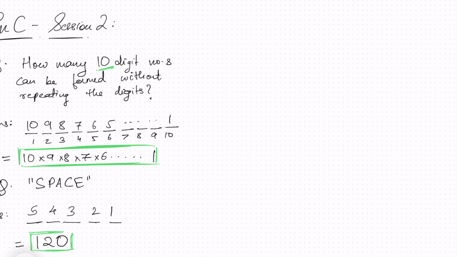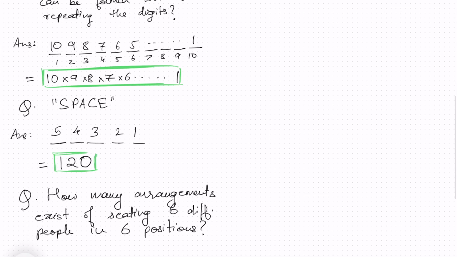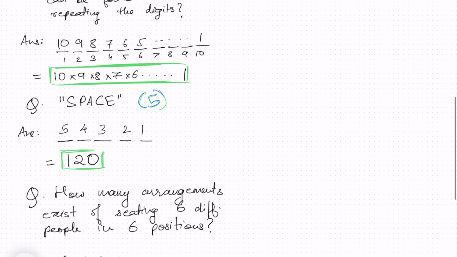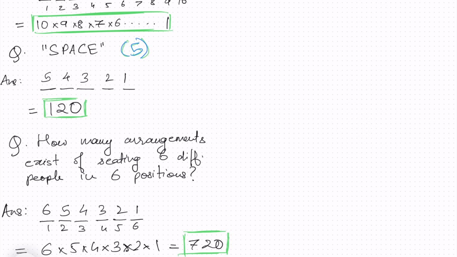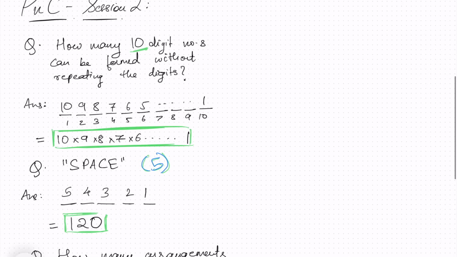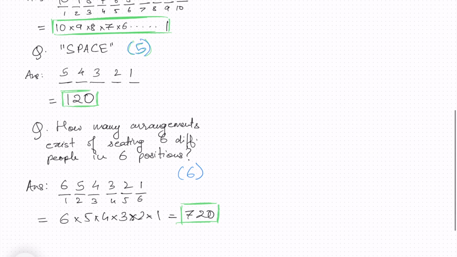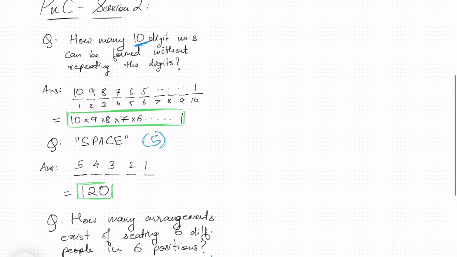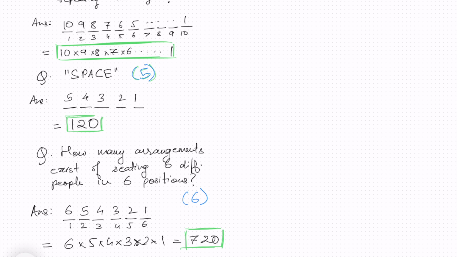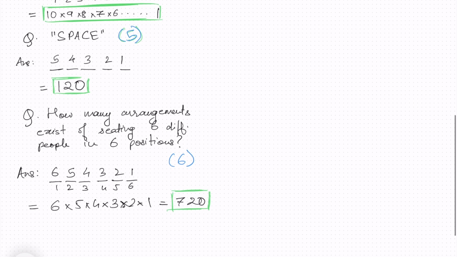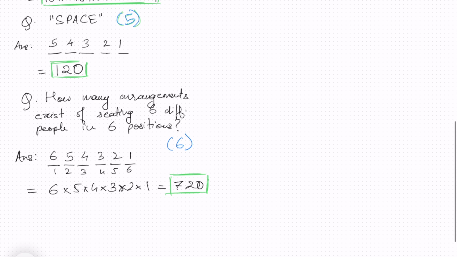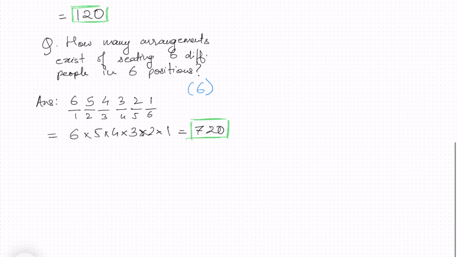Here it's 10, here it's 5, and here it's 6. In the first case, I've arranged 10 different objects, that is the 10 different digits in 10 places. In the second question, I've arranged 5 letters in 5 places. And in the third question, I have arranged 6 people in 6 different places.